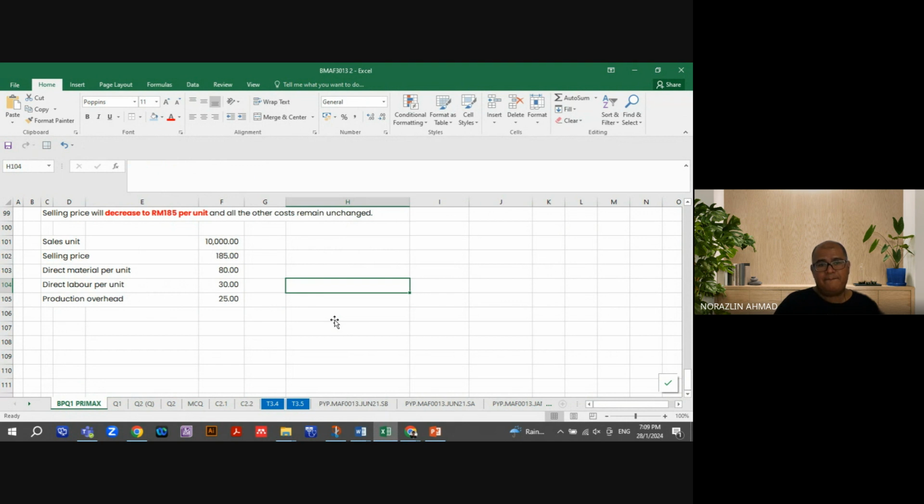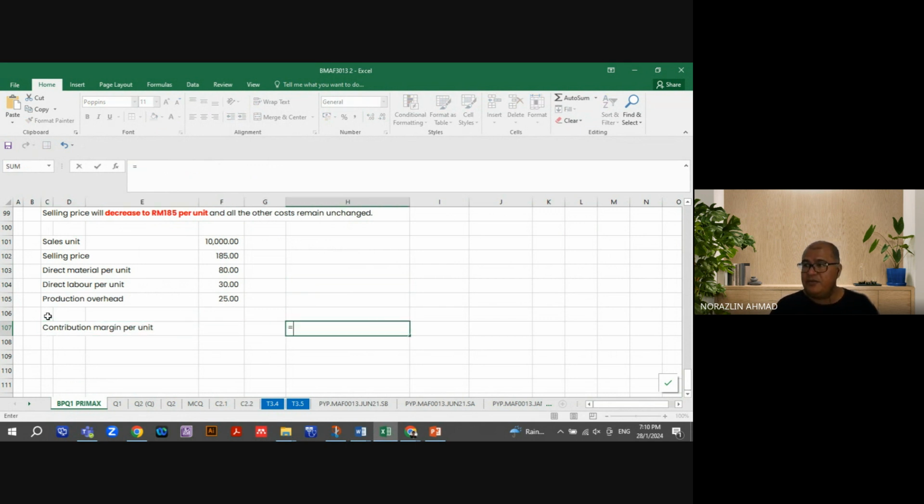So the same thing, yeah, you have to use, first of all, contribution margin. It's simple, because you have the formula before this. 185 minus 135, 50 ringgit only.